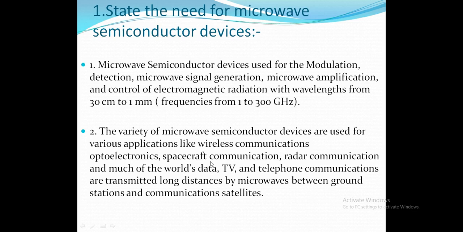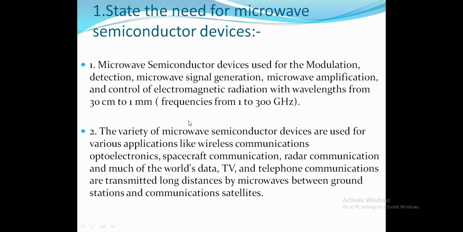The variety of microwave semiconductor devices are used for various applications like wireless communications, optoelectronics, spacecraft communication, radar communication and overall voice data also. TVs and telephone communications are transmitted over long distances by microwaves between ground stations and communication satellites.